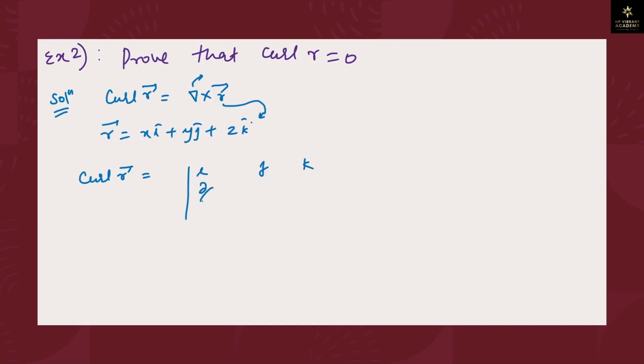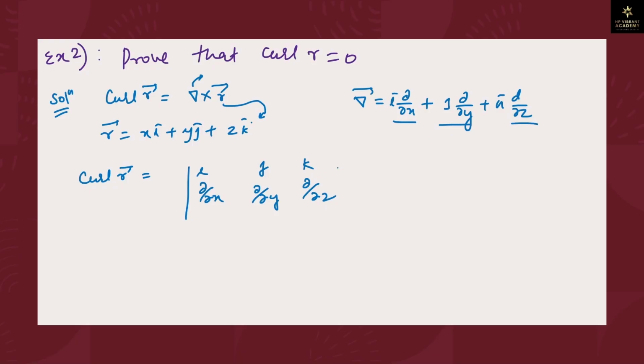So this is del upon del x, del upon del y, and del upon del z, because we have the del operator as del upon del x i cap plus j cap del upon del y plus k cap del upon del z. So these are the components of the del operator.